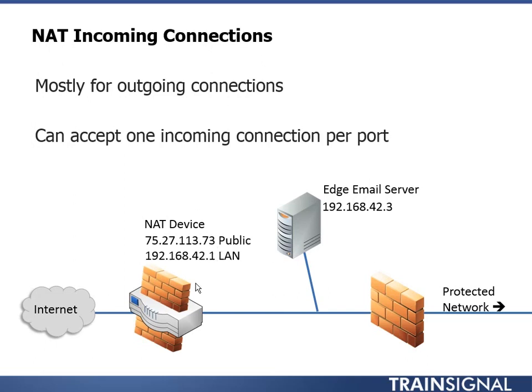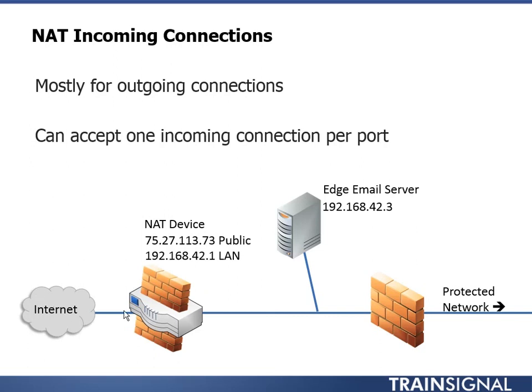Now, the NAT device is just going to sit there waiting for incoming SMTP connections, even though it doesn't have an SMTP server running on it. It doesn't know how to talk email. But when it gets a connection using TCP port 25, it says, oh, that's SMTP, and I don't speak SMTP, but I know where the email server is. It's on the private network. So it just swaps out the public IP address for the email server's private IP address and forwards the connection on.